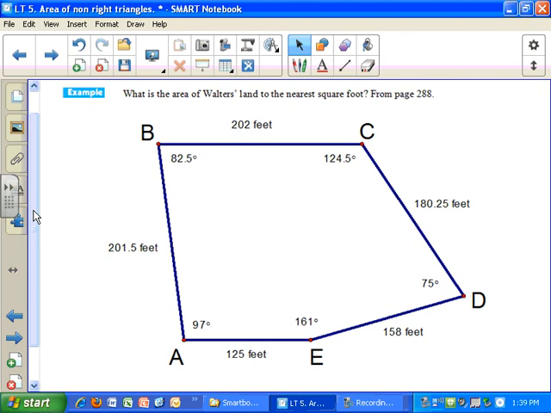The problem on the next page, I'm actually not going to go through with you on this notes page. I'd like you to work on that with the people in your group in class, where you're trying to find, so this is a problem from the book that sets up this family's plot of land is in an irregular shape.